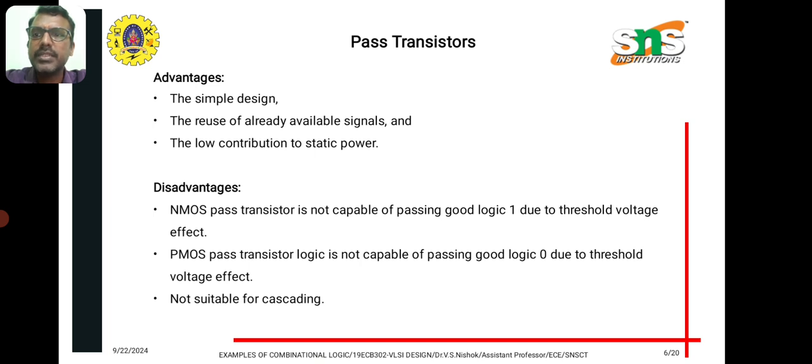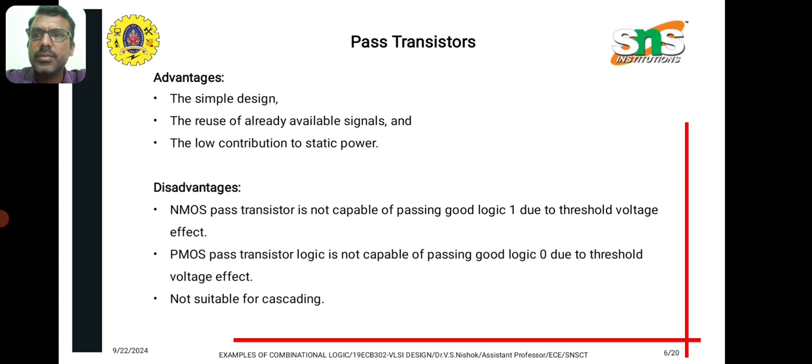Similarly, a PMOS pass transistor is not capable of passing a good logic 0 due to the threshold voltage effect, and it is not suitable for cascading circuits. If more than 3 or 4 transistors are cascaded, then we will obtain a very degraded or weaker output.